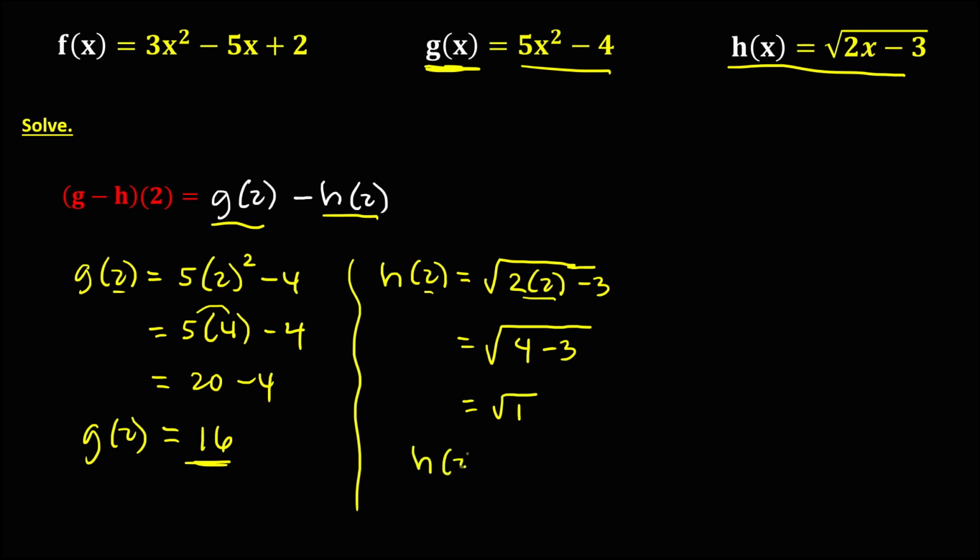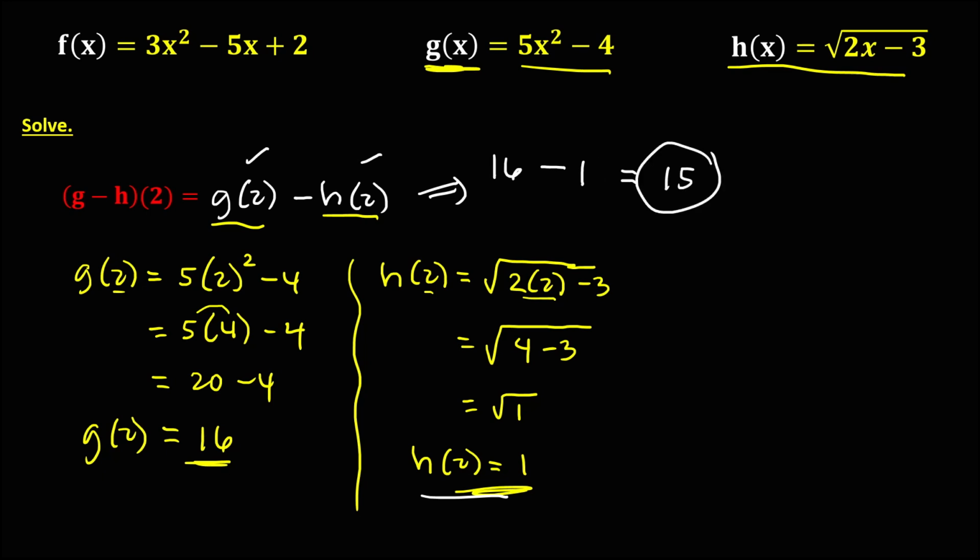So therefore, h of 2 is equal to positive 1. Then this time, we can find out the value for this function. So we have g of 2, that's 16, then minus h of 2, that's positive 1. So therefore, this function is equal to positive 15.